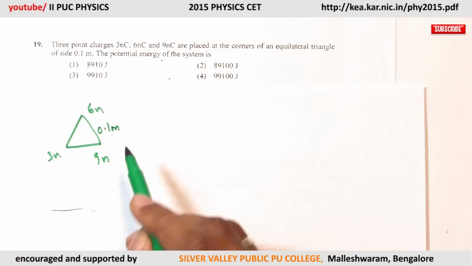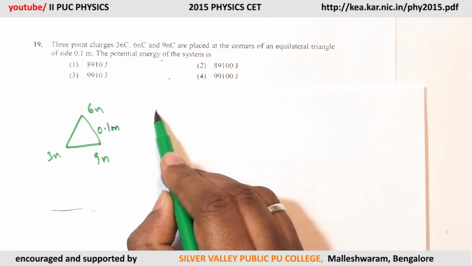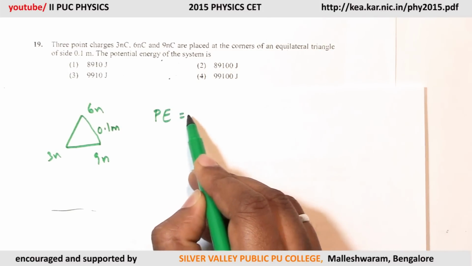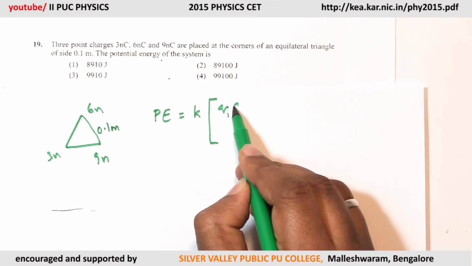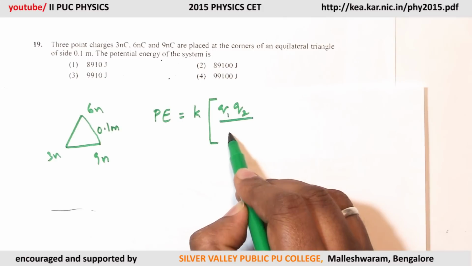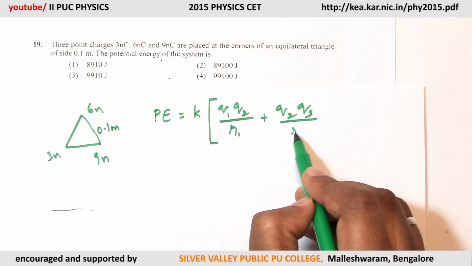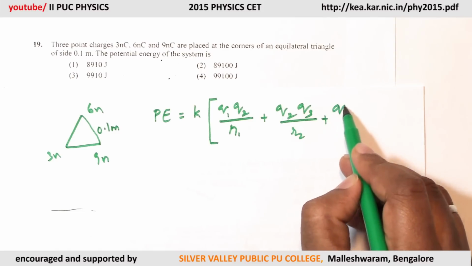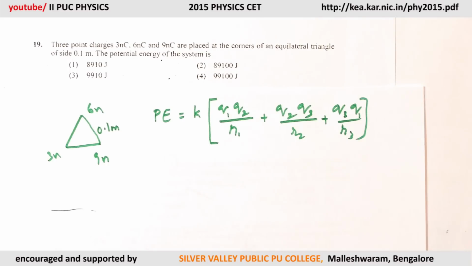Potential energy of the system, potential energy of 3 point charges, is constant times Q1 Q2 by R1, plus Q2 Q3 by R2, plus Q3 Q1 by R3.